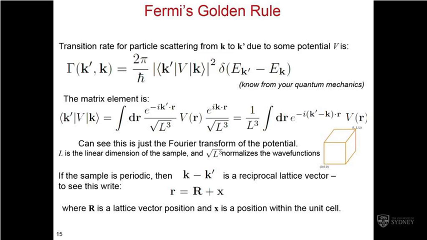We have some normalization constant out here, e to the i k minus k dash, just a G vector, like we had before. And here, in this case, it's potential. Remember before we had an electron density, and right at the start we had a delta function. In this case, it's the crystal potential that the electrons are scattering off.